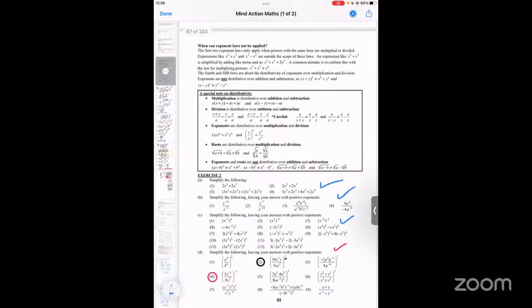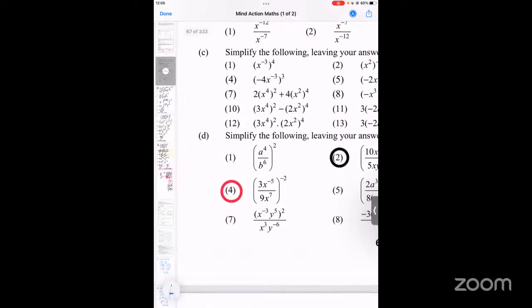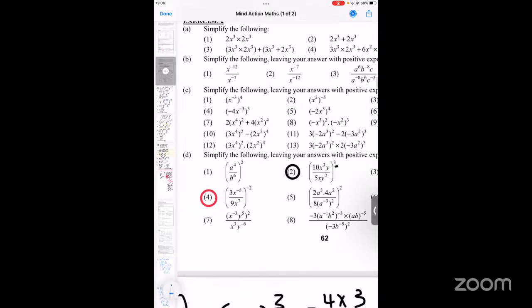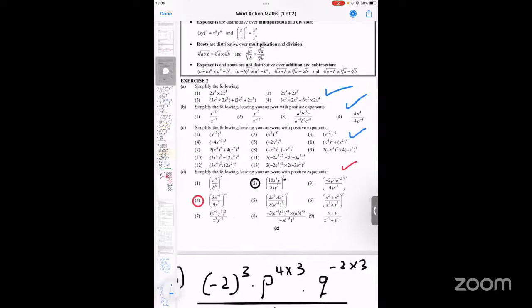It's just those minor mistakes. For that reason, Langelihle, I'm also going to give you number 4 to quickly work out. Can you see that number 4? Yes, I can see. Quickly work out that number 4.